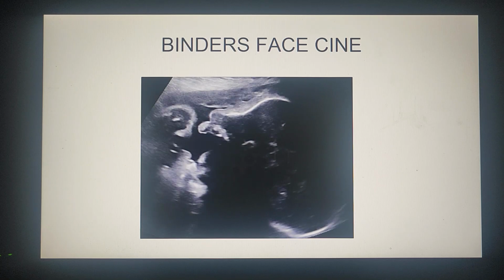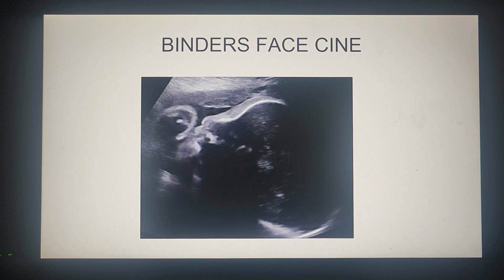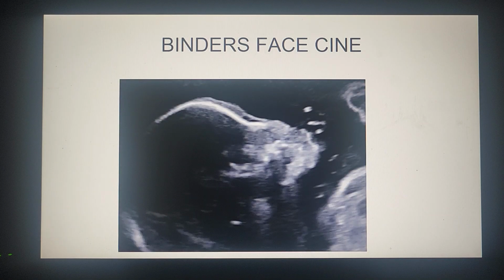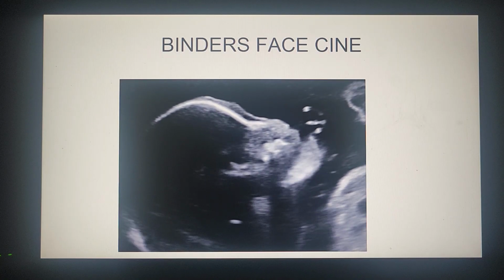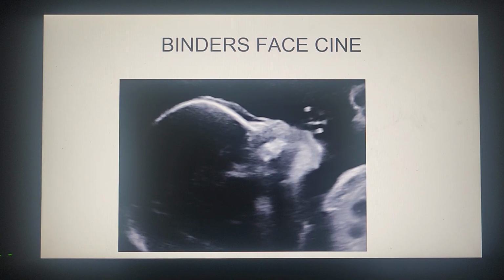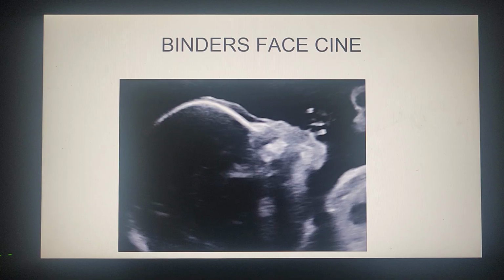That's a cine of the binders where the fetus takes a big yawn, and that's another cine of the binders where you can see the chewing type of movement of the face.